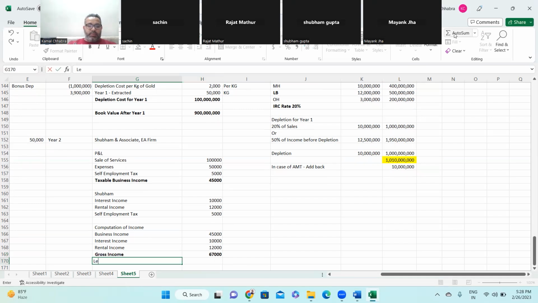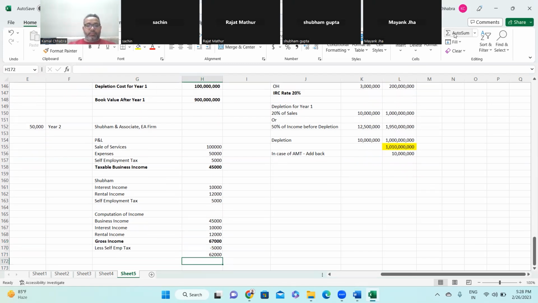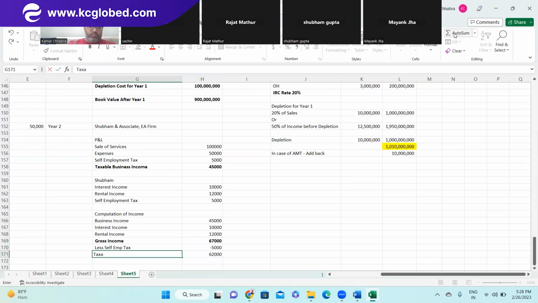Less self-employment tax paid. How much has he paid? $5,000. So what is the taxable income? This is how you need to calculate.